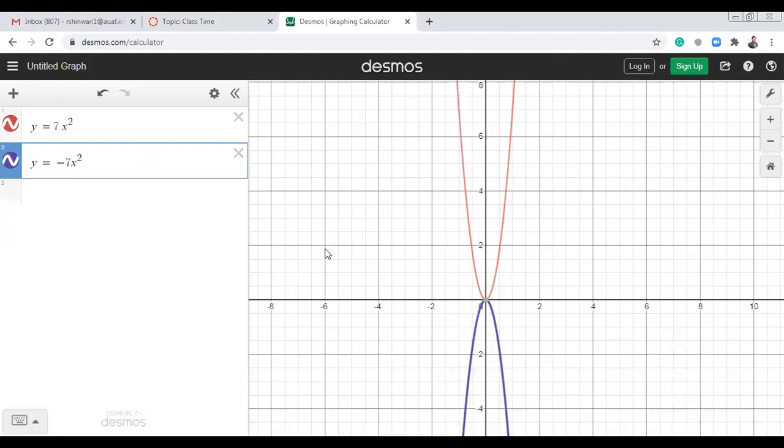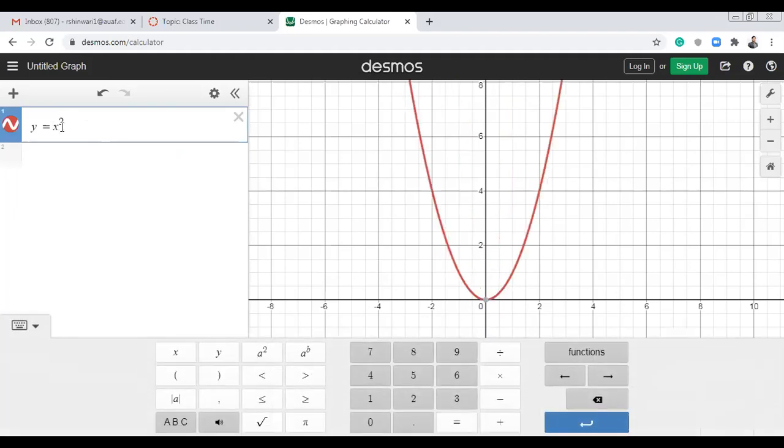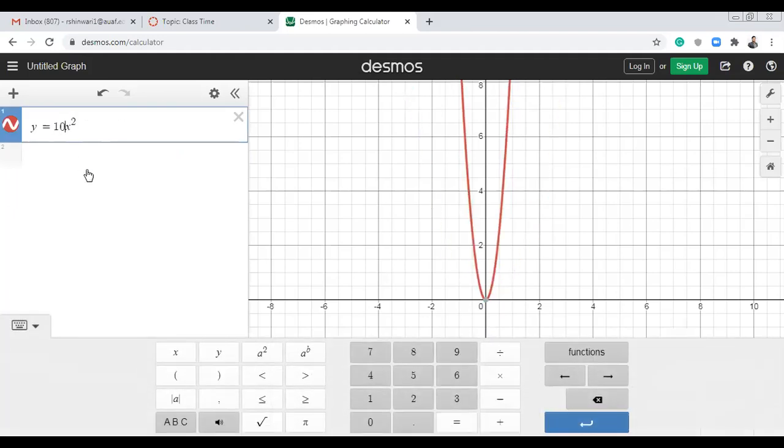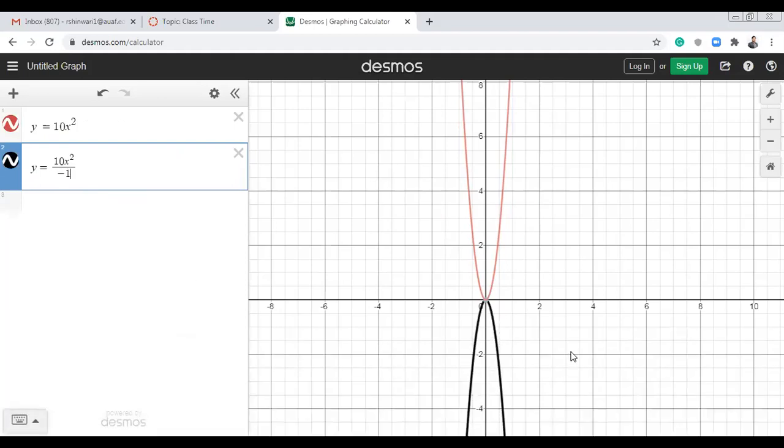Both are the same, just a reflection of one another downward. Same in division, if you divide by a negative number, it will show a reflection. Let's suppose we have y is equal to 10 into x square, and if you divide by minus 1, this will be downward. This will show the same reflection. One is upward, the second one is downward.